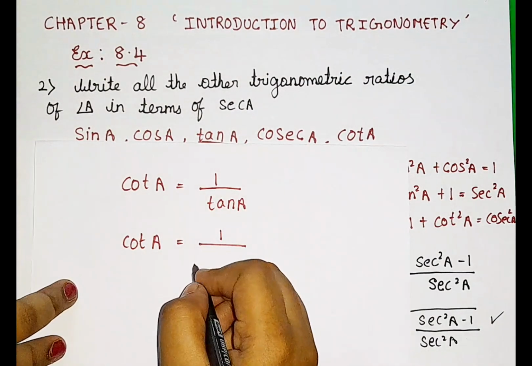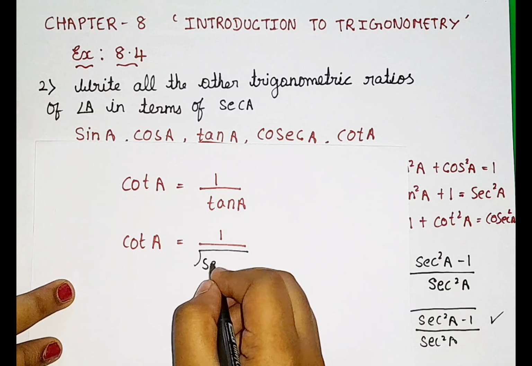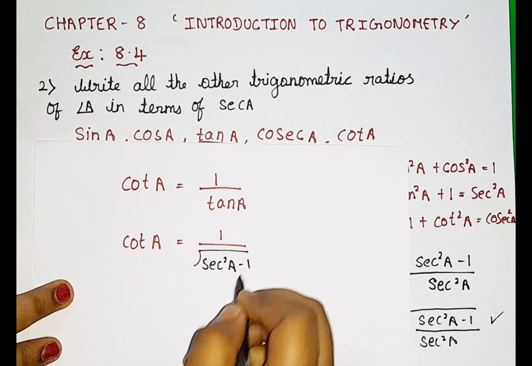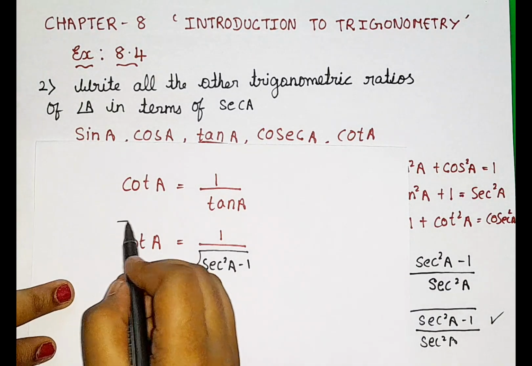Let us write 1 divided by root secant square A minus 1. Perfect, this is our answer for cot A.